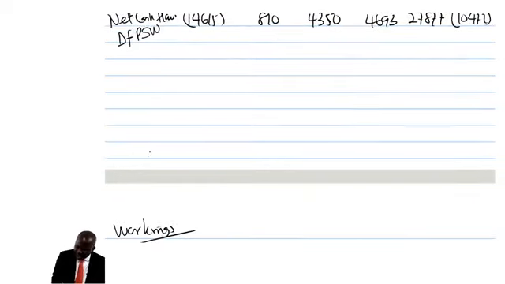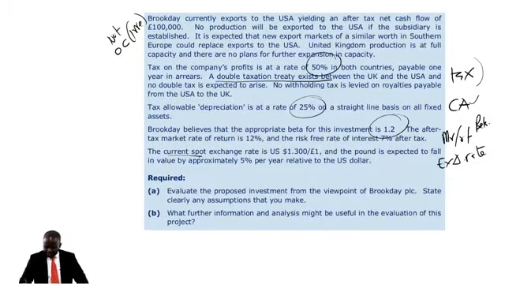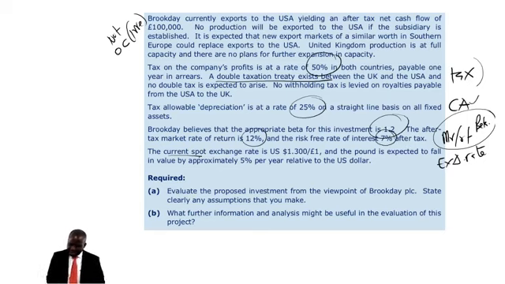So I calculate my WACC, and when I get the WACC, I put it there. So I'll say my cost of capital will be, in this case, because they gave us the beta, risk-free plus the beta times market return minus the risk-free. According to the question, this is where we pick them: risk-free rate is 7%, and the market return is 12%.